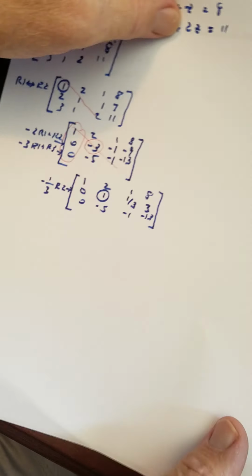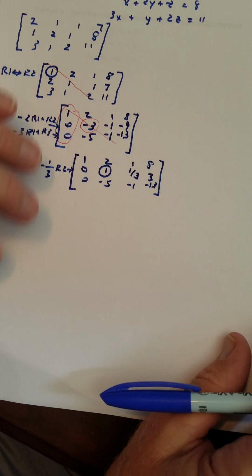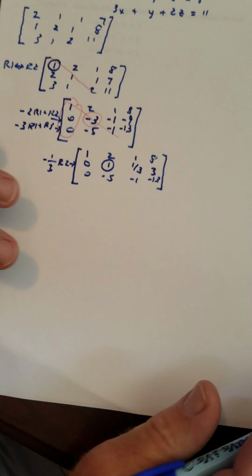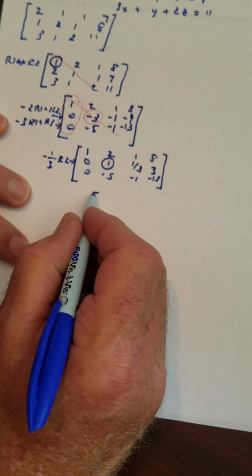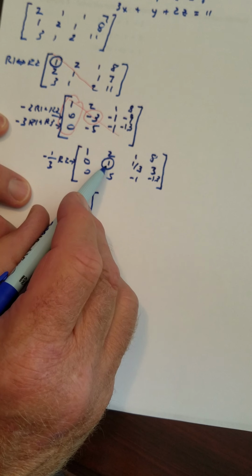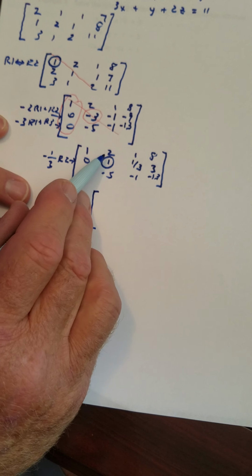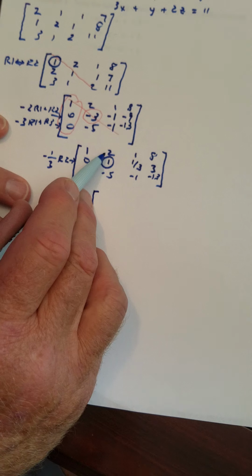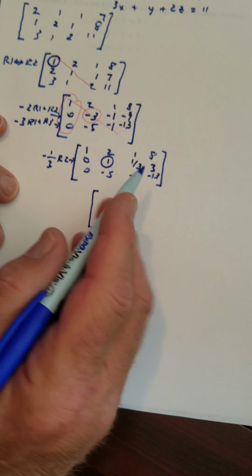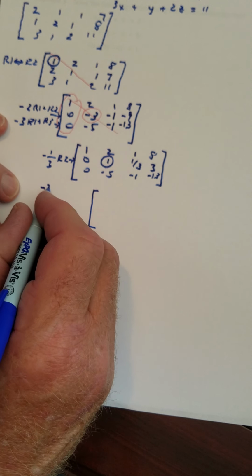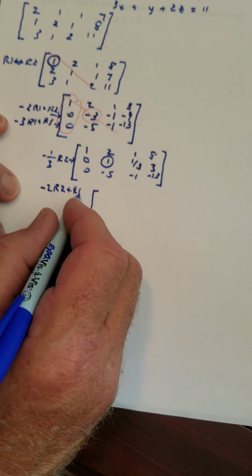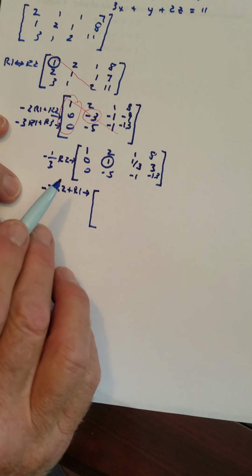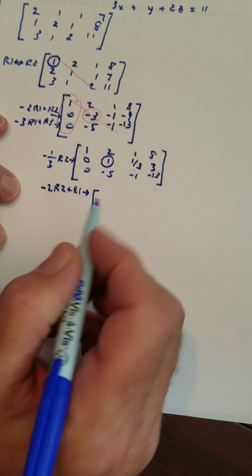Okay. Trying to do a diagonal. That helps separate the matrices a little bit. All right. Now that I got a 1, I want to get 2 zeros. So to get a 0 where the 2 is, I'm going to multiply by negative 2 and add. So that's negative 2 times row 2 plus row 1. Negative 2 times 0, 0 plus 1, that's still 1.